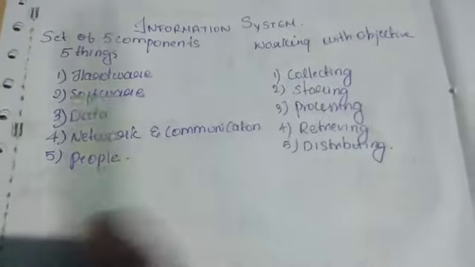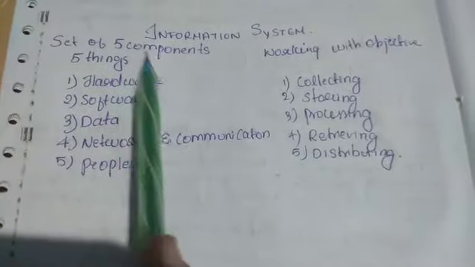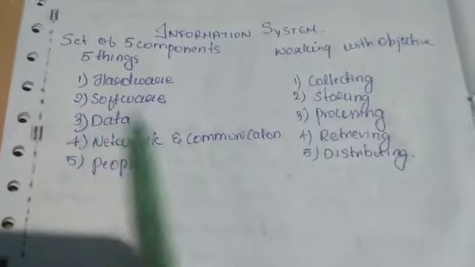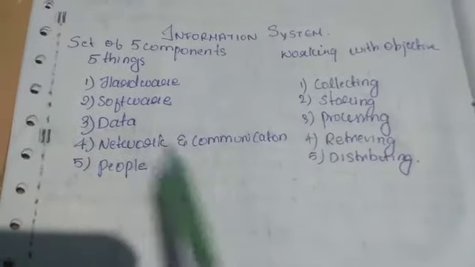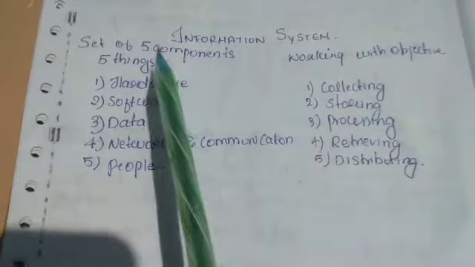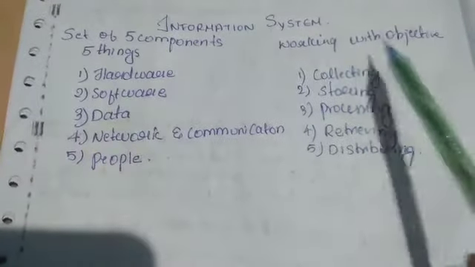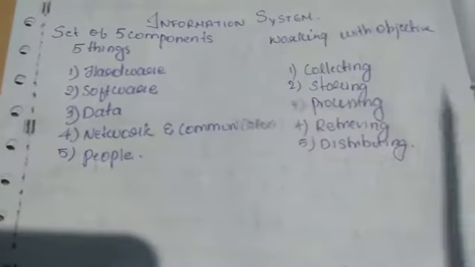Information system is a set of 5 components. What are those components? Hardware, software, data, network and communication, people. These 5 components together will work with an objective. What are those objectives?